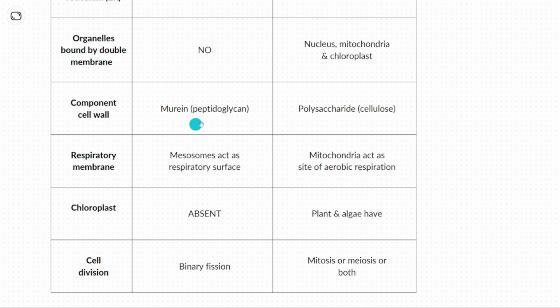So this is not a polysaccharide. This is another type of carbohydrate that you have never learned, but for your syllabus you don't need to know. You just need to know that the component is different. And respiratory membrane: prokaryotic uses the mesosome as the respiratory surface. But the eukaryotic uses mitochondria.